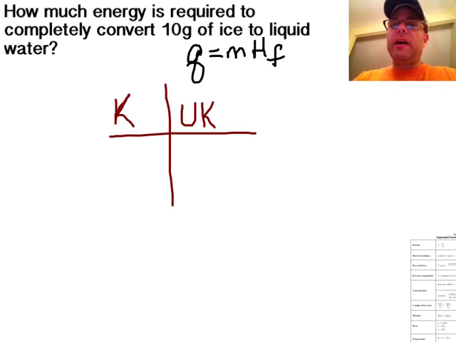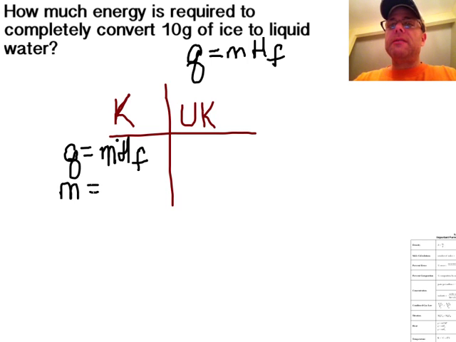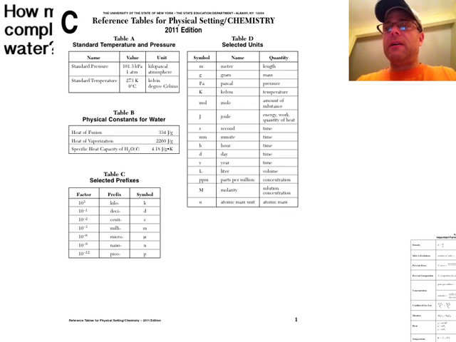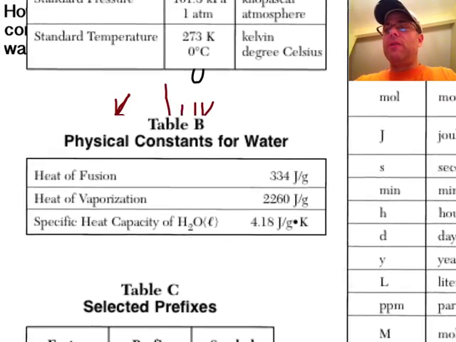I do know that I have a formula of Q is equal to mHf. I know that the mass is equal to 10 grams. I do know Hf. Now I know Hf because it is a constant, and a constant is a value that never changes.